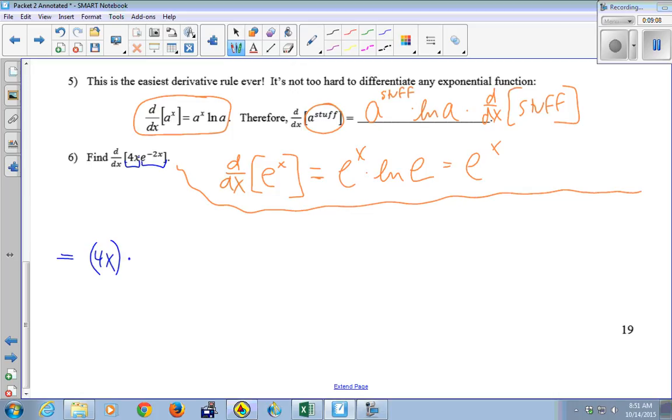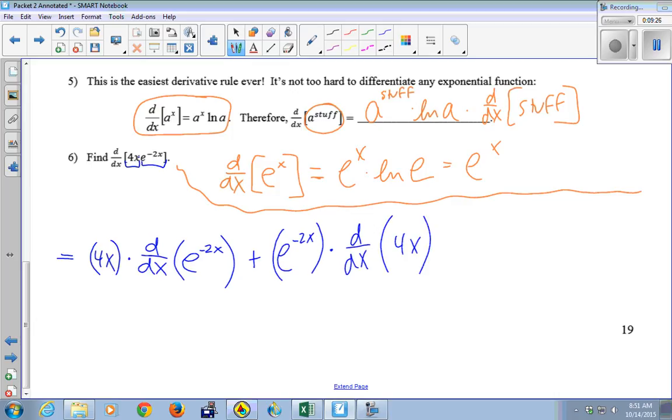So this is 4x times the derivative of the second, which is e to the negative 2x, so first times the derivative of the second plus the second times the derivative of the first. I have not actually done any of the derivatives within the product rule. I just wrote down the derivative of e to the negative 2x and the derivative of 4x. I still have to take those derivatives.